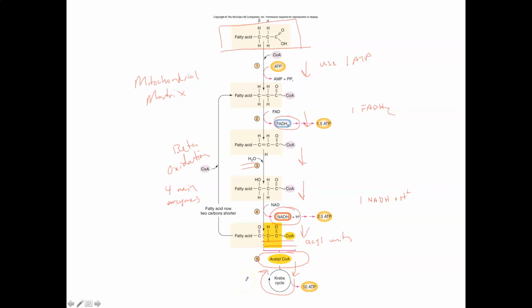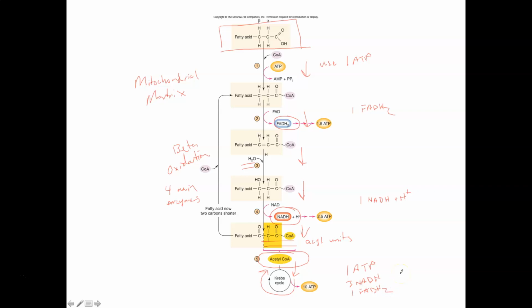Go ahead and go back and watch one of my citric acid cycle videos to look at the reactions. But from the citric acid cycle, from the Krebs cycle, what do we actually get from this? The Krebs cycle actually yields 1 ATP. It yields 3 NADH molecules, and it yields 1 FADH2 molecule.